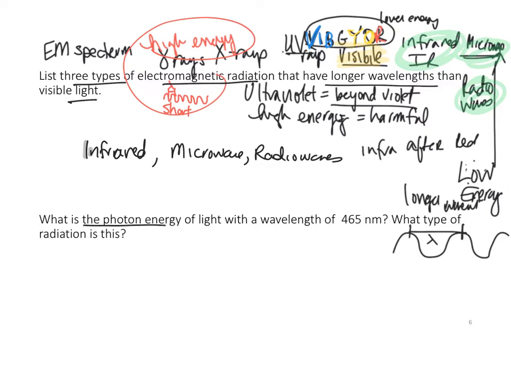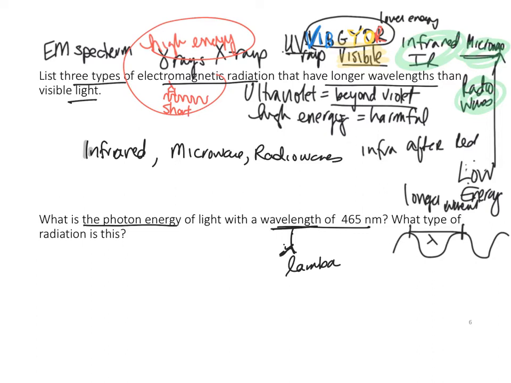What is the photon energy of light with a wavelength of 465 nanometers? So nanometers is how we measure the wavelength, and that's lambda.